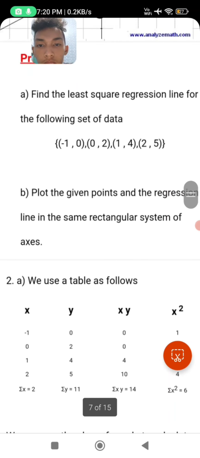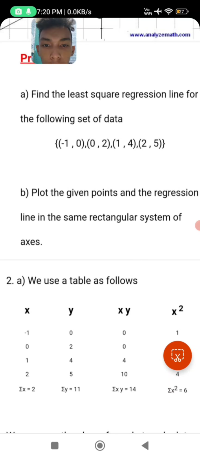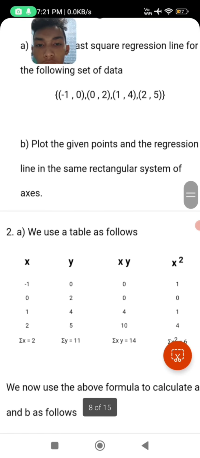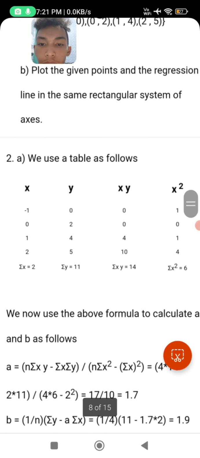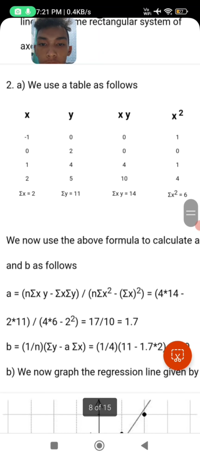Next problem: find the least squares regression line of the following set of data: (-1, 0), (0, 2), (1, 4), and (2, 5). Plot the given data points and the regression line in the same rectangular coordinate system. We use a table as follows.